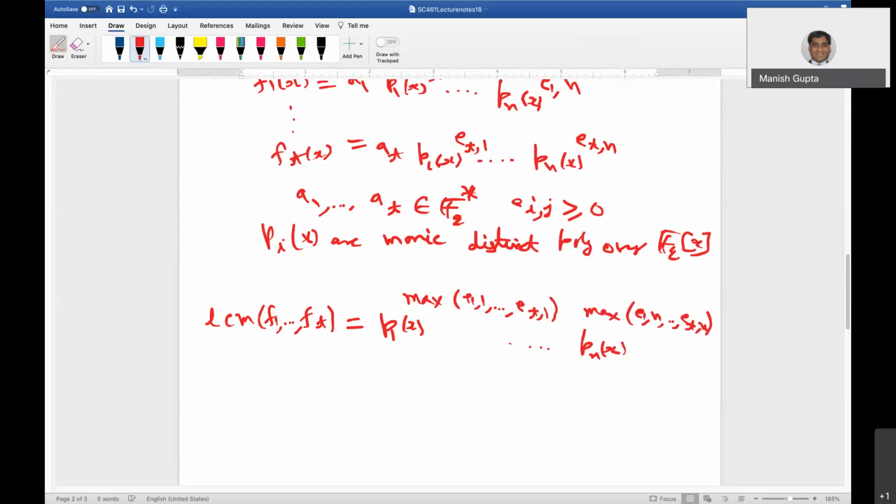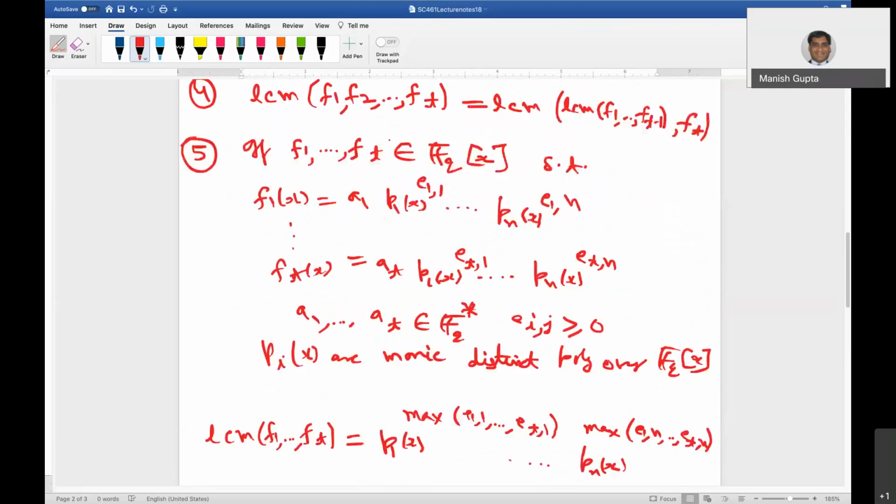Just like in number theory, we can define this LCM. So I think now we are ready to describe the general BCH code. Let me talk about it. I will give you the general parameters as well.